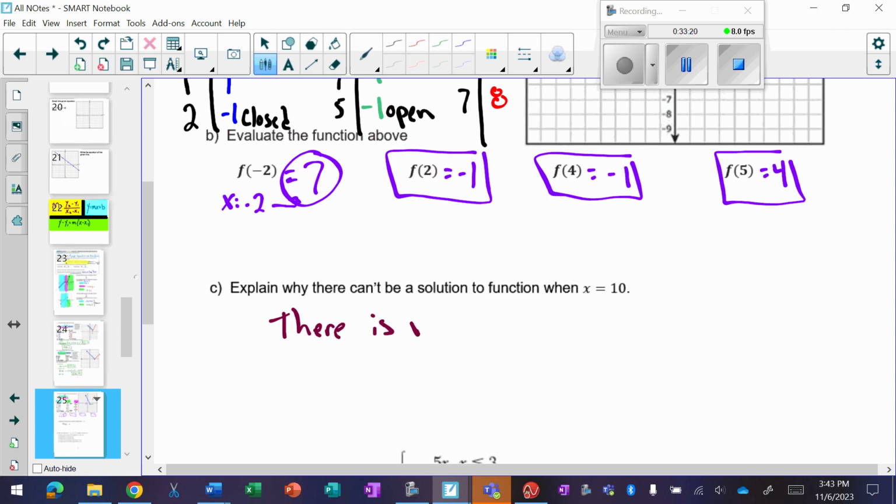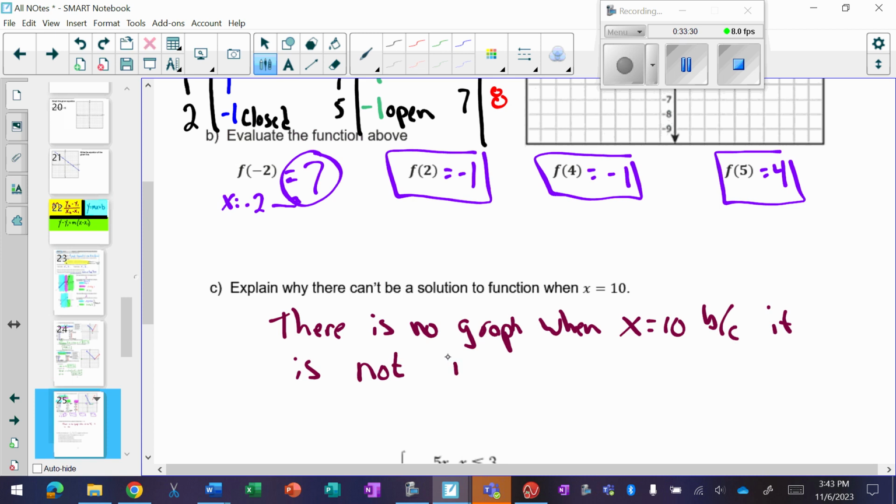There is no graph when x equals 10 because it is not in the domain. That's why there can't be a solution there. The graph is not defined there.